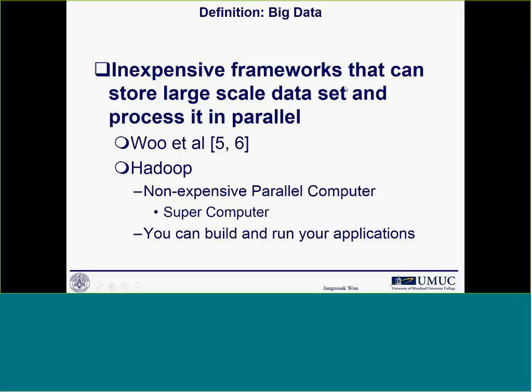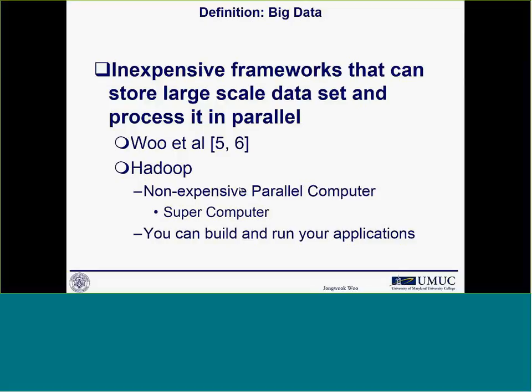So there are many solutions for big data. I mean, there are many systems for big data. There could be NoSQL databases or Hadoop, and Hadoop is again one of the popular big data systems because it uses non-expensive commodity servers to build a Hadoop cluster, and it is actually a parallel computer, and a parallel computer is a supercomputer.